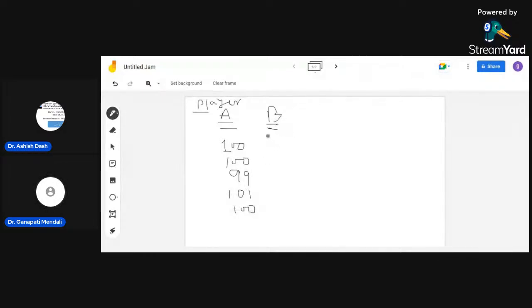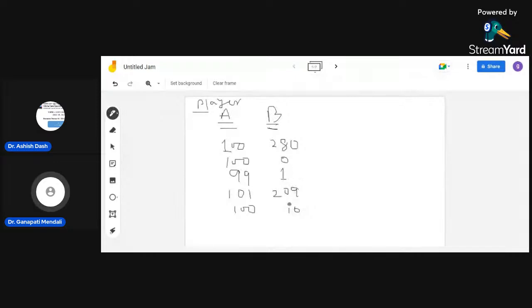Player B, in one game, secured 280. In other games he secured 0, 1, 209, and 10.